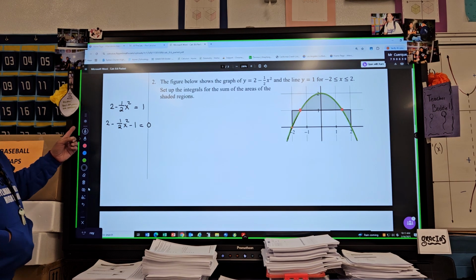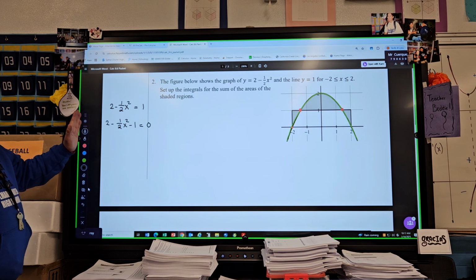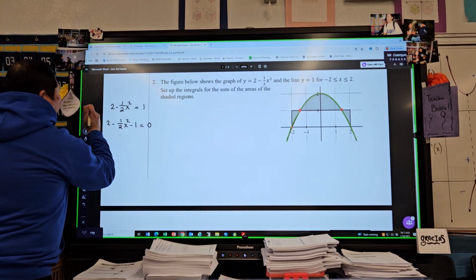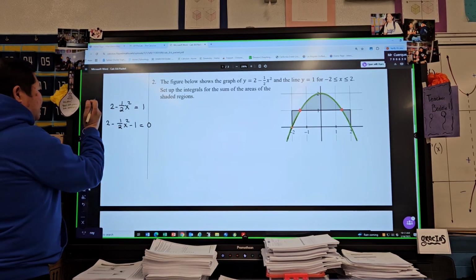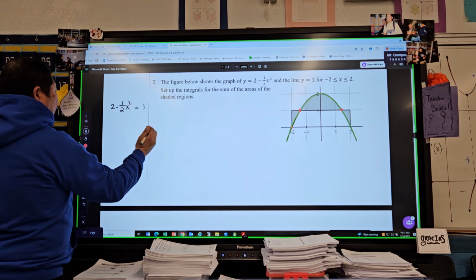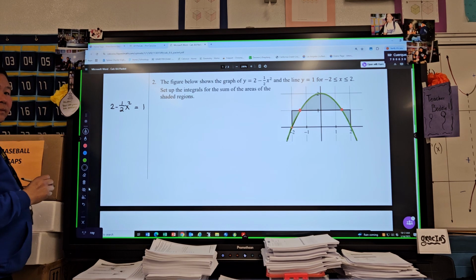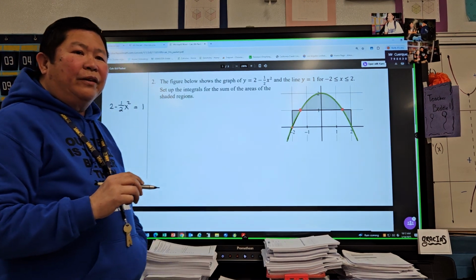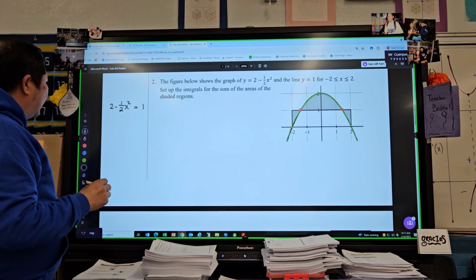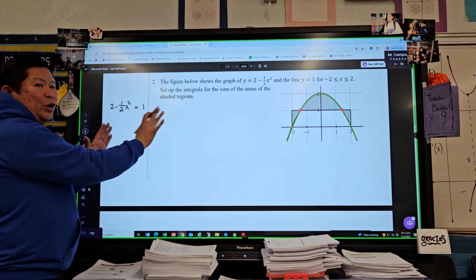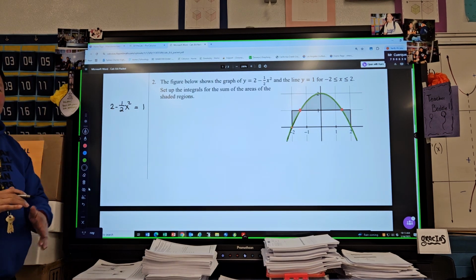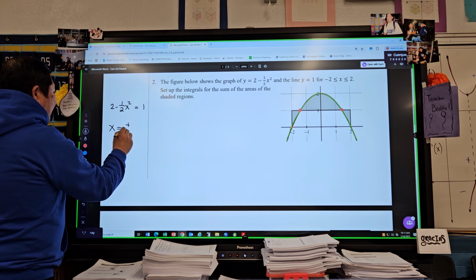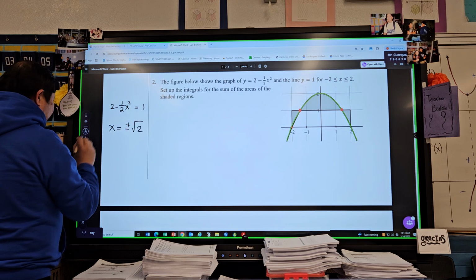Or are we going to just subtract both sides by 2? Okay? Can I erase this? We can subtract both sides by 2. Is it plus or minus square root of 2? Mm-hmm. Well, you have Chris. What's the value of x? Plus or minus square root of 2? Very good. So, do I have to show you? I hold you responsible that the value of x is plus and minus square root of 2.